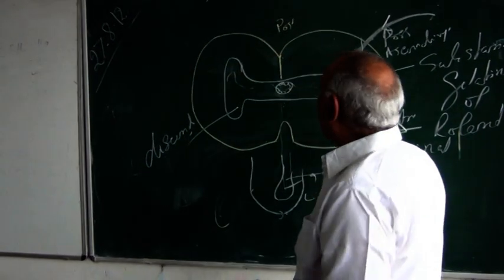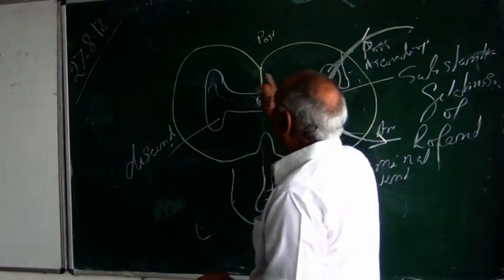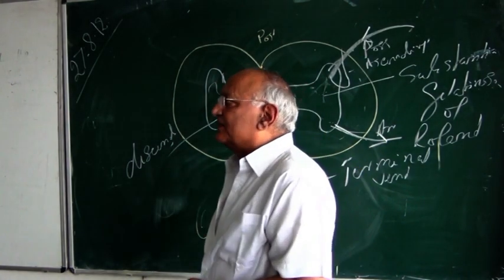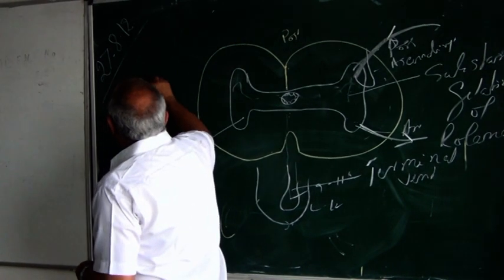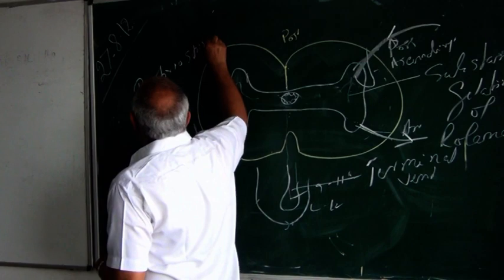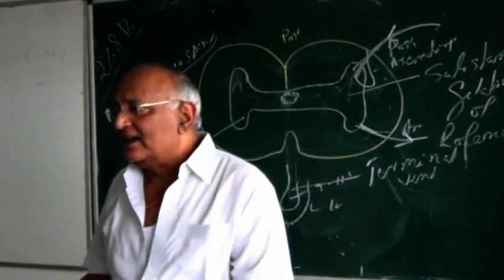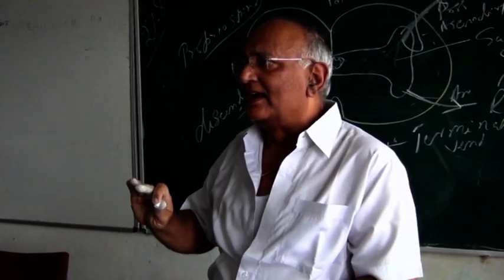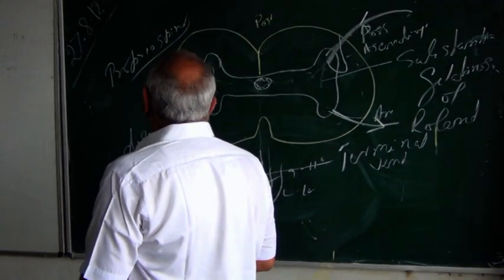And then there is a third type of tract in the spinal cord which joins various segments of the spinal cord, that is called propriospinal fibers. So the fibers are descending tracts, ascending tracts, and propriospinal tracts. These are the three types of tracts which we have.